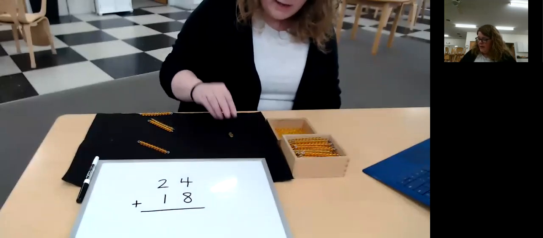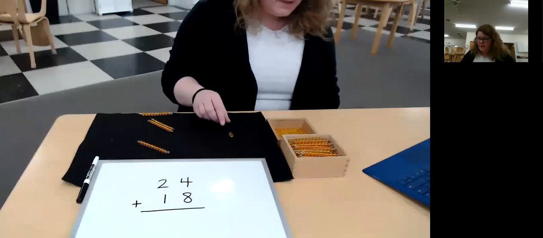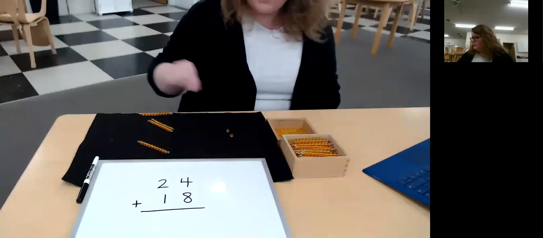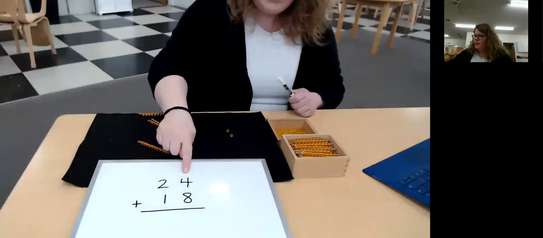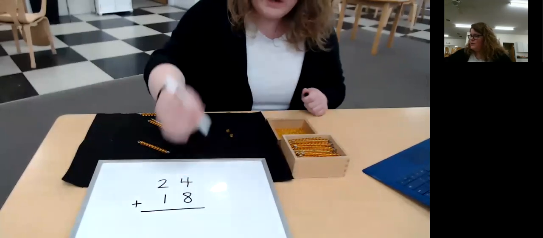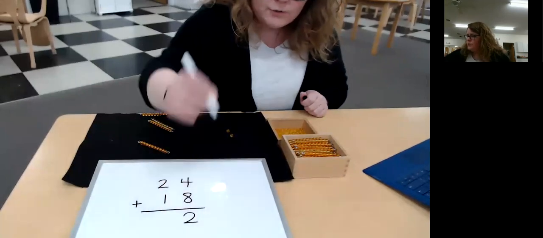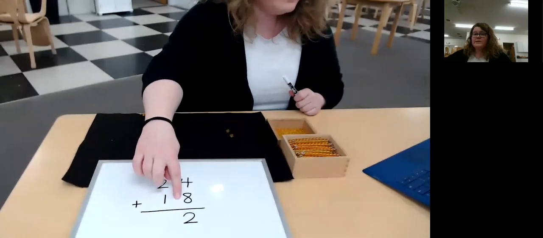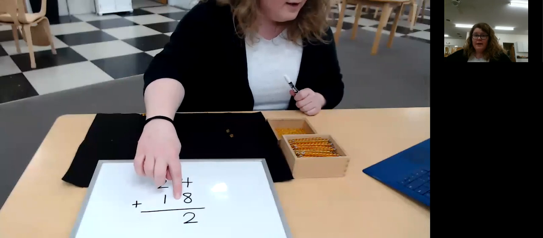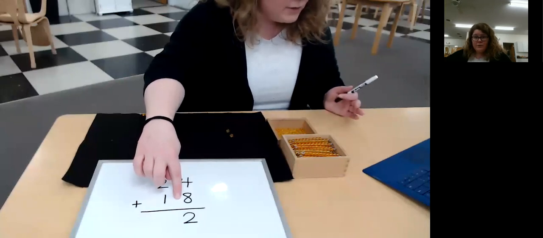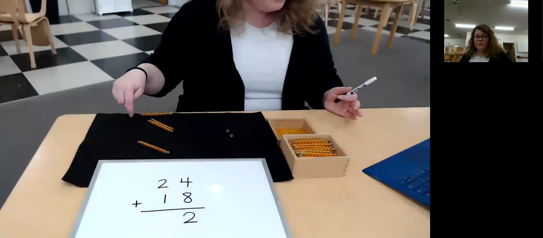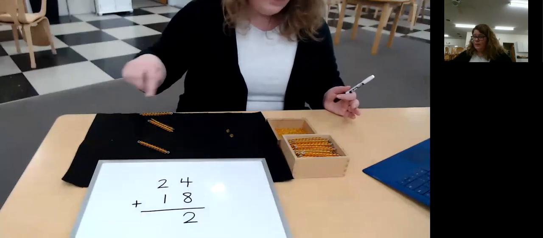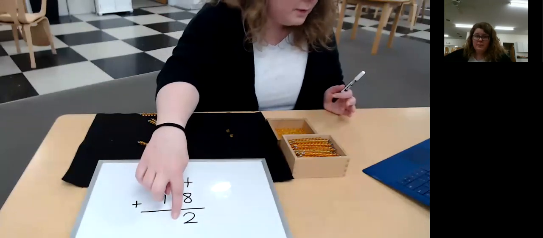And then I'm going to look at how many units we have left, and we have 1, 2. So in our units place, I'm going to record 2. 4 plus 8 was 12. We took 10 of those and traded them in for a 10. And we had 2 units left, so that's what we record.